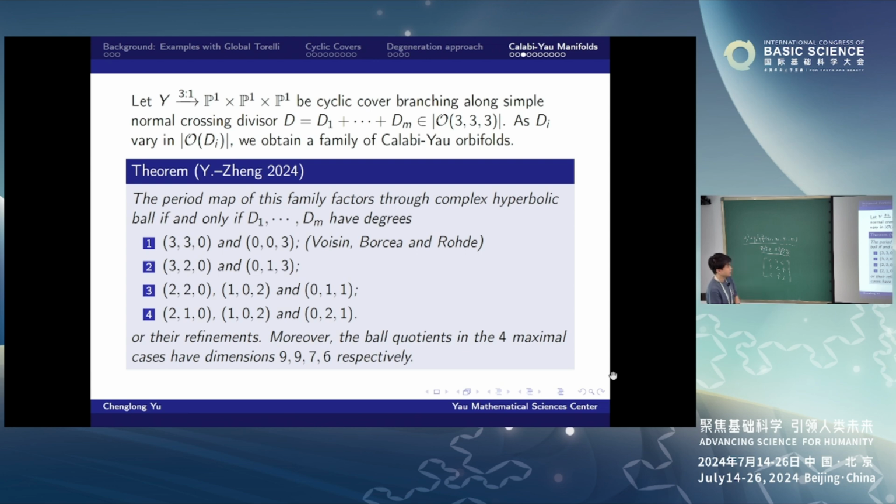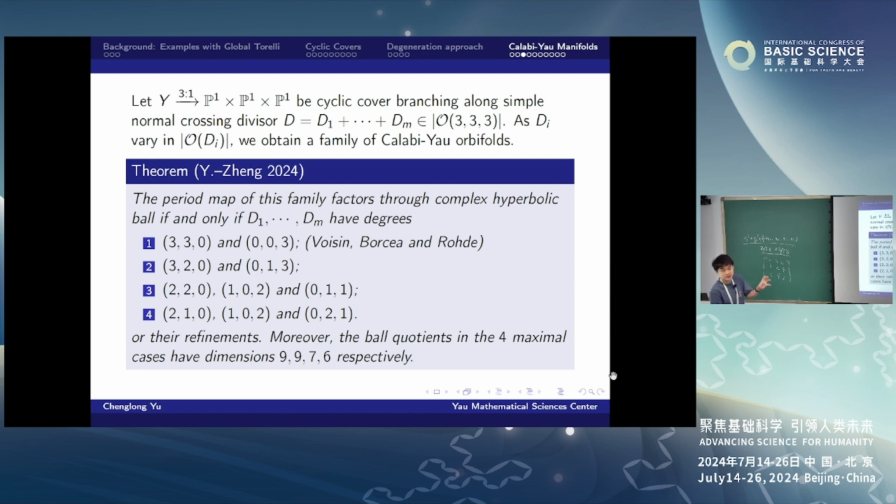In this case, we consider Calabi-Yau orbifolds, the Hodge structure of Calabi-Yau orbifolds, but they form a piece inside the Hodge structure of Calabi-Yau manifolds. So you can say both. If you consider the period domain for the Calabi-Yau orbifold or the period domain for the Calabi-Yau, the corresponding resolution, they're the same.